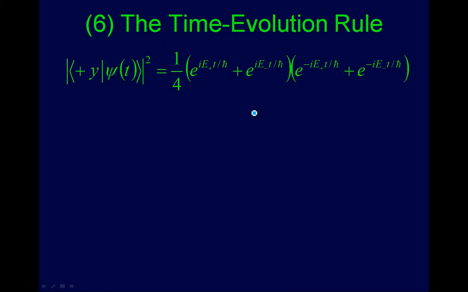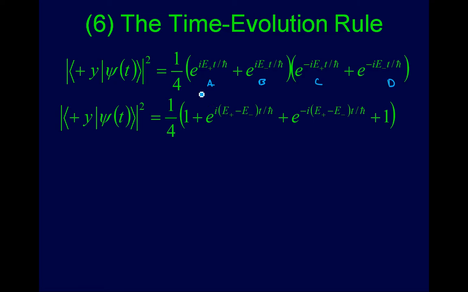If we go through and do this, it's just multiplying, so I'll call the different terms A, B, C, D. This term here is A times C. You have the positive of this thing and the negative of this thing, so it cancels out to be 1. That's really nice. This term is A times D: the positive i e plus and the negative i e negative give me that piece right there.